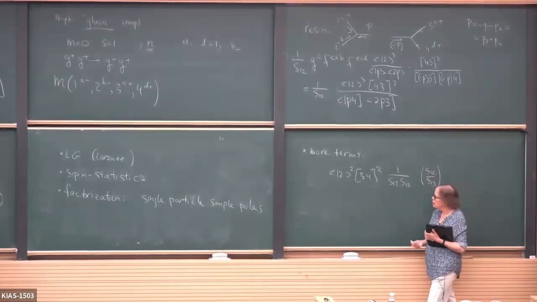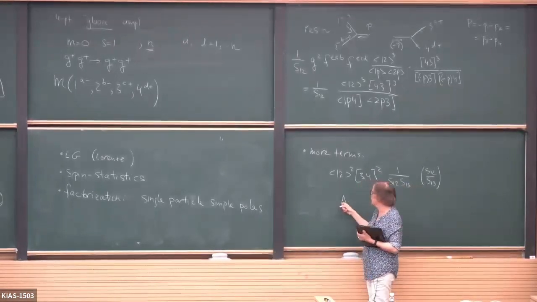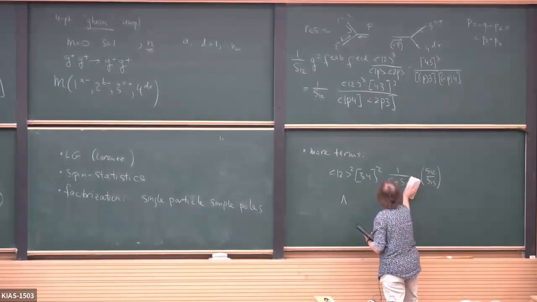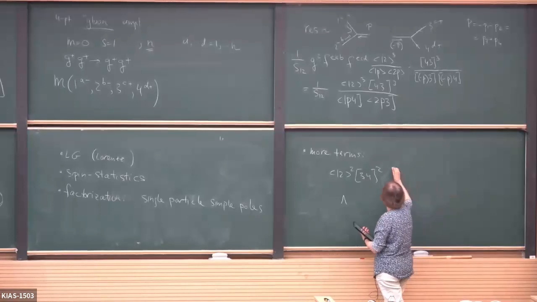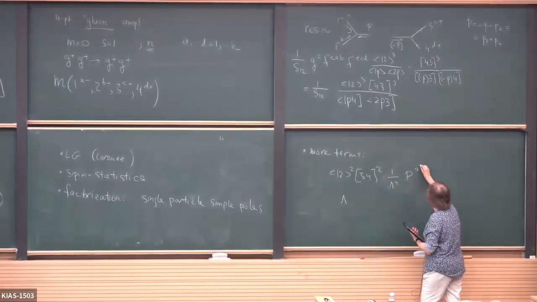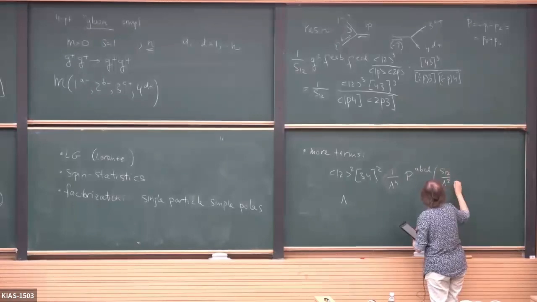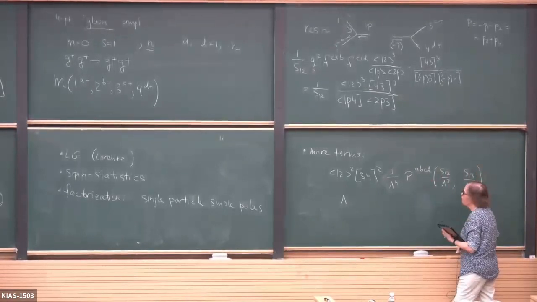But if I do have another scale, suppose this is some effective theory, and then I have some cutoff scale lambda. In this case, there's certainly more stuff that I can write down. So I can write down some 1 over lambda to the 4th times some polynomial in S12 over lambda squared and S13 over lambda squared.